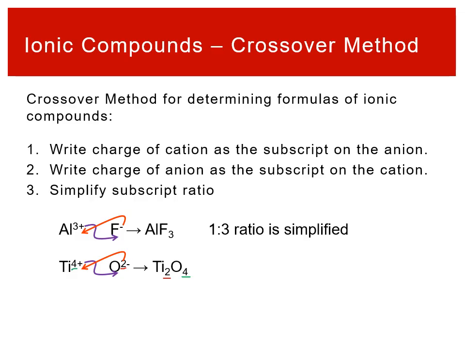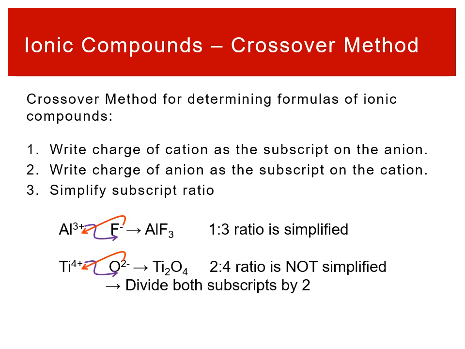What I've done right now is guaranteed that this is overall neutral. But remember, formula units need to also be simplified. If I look at my ratio, it is 2 to 4. That is not simplified. I can divide both of my subscripts by 2. So that would be 1 to 2. Dividing the 2 by 2 gives you the 1 on the titanium. Dividing the 4 by 2 gives you 2 on the oxygen.